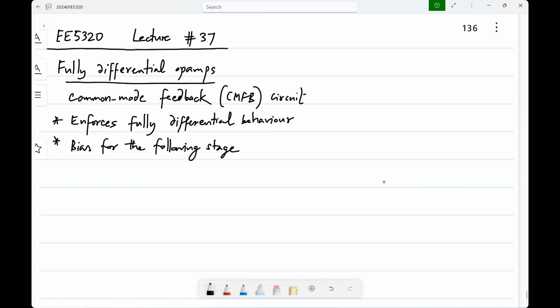So every one of the op-amp types we can convert to fully differential behavior.